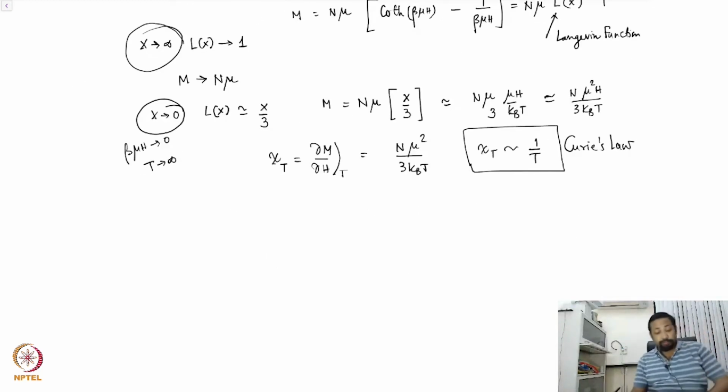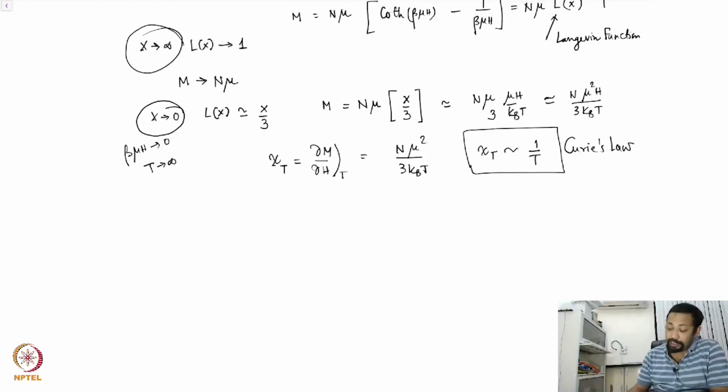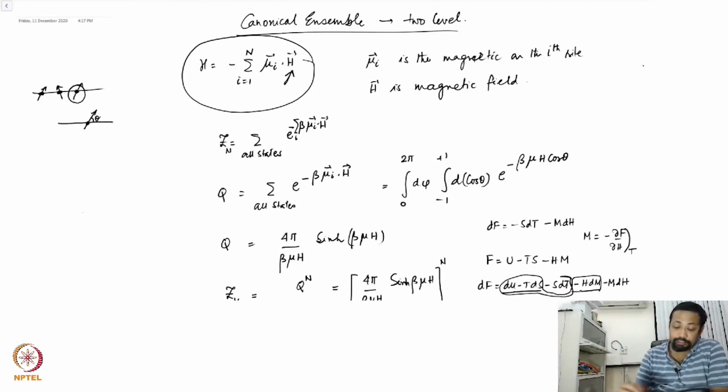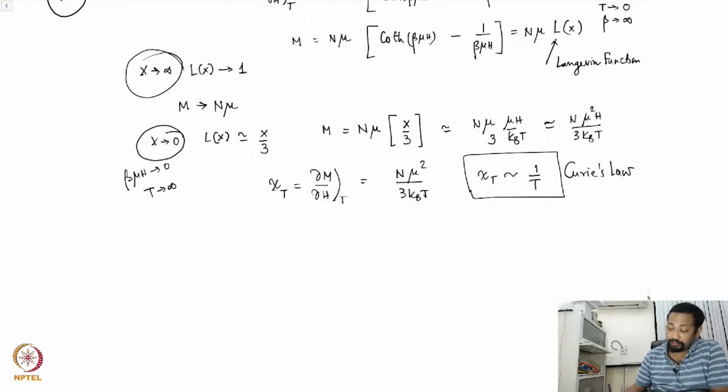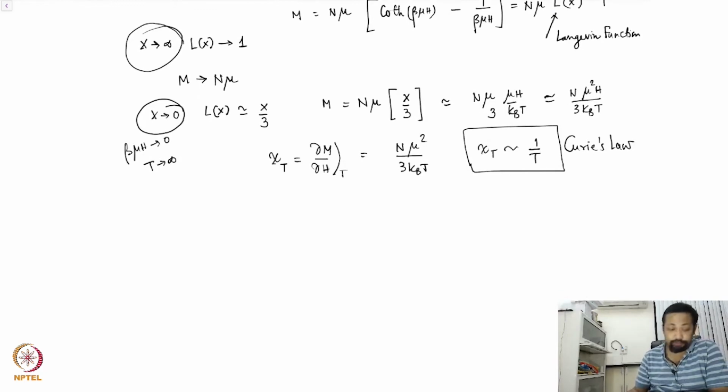Now what about the quantum mechanical analog of the same problem, where I have the same Hamiltonian, but there are several changes one has to realize. That the magnetic moment, if J is a spin, then the magnetic moment is mu naught times J, where mu naught is a product of two terms.